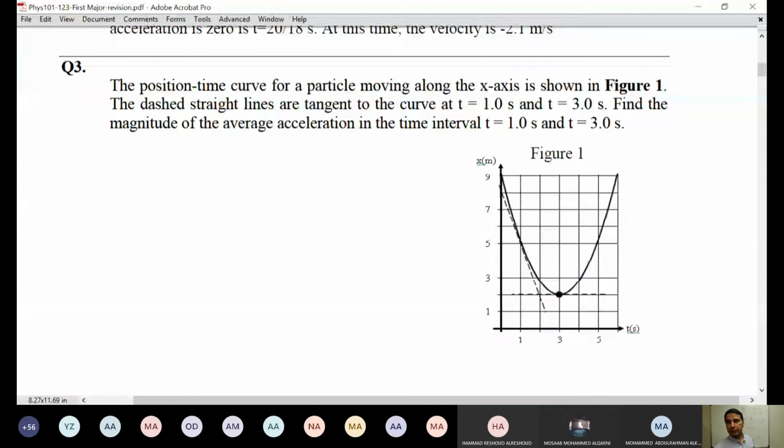Anyway, what is the x corresponding to t equal to 5 seconds? The x is 2, right? And how much is the x for t equal to 1 second? 2.